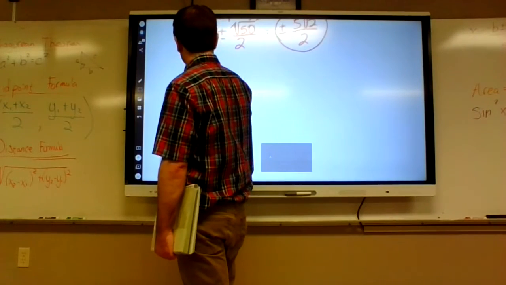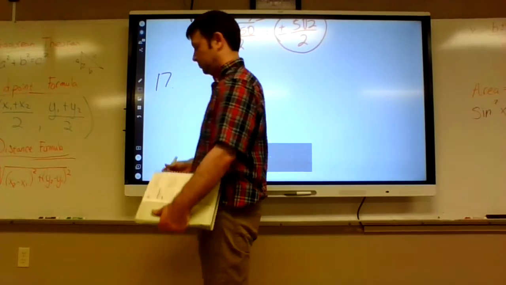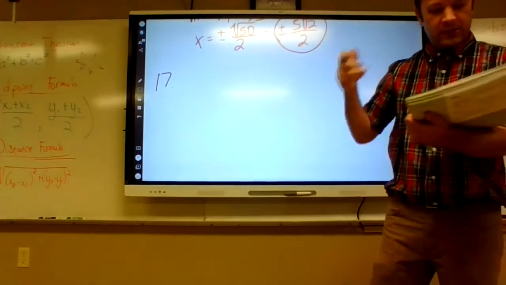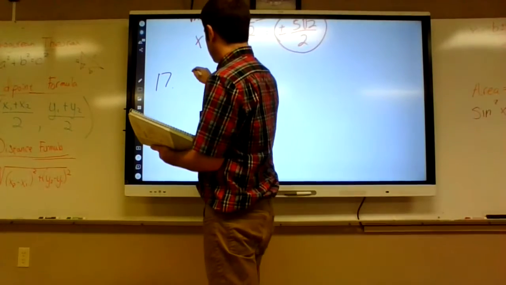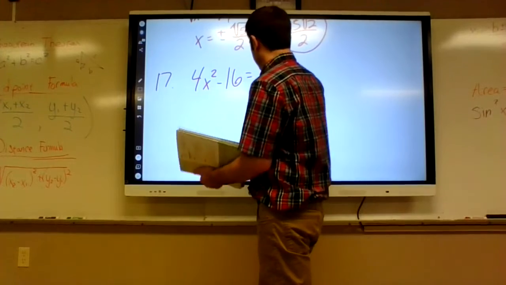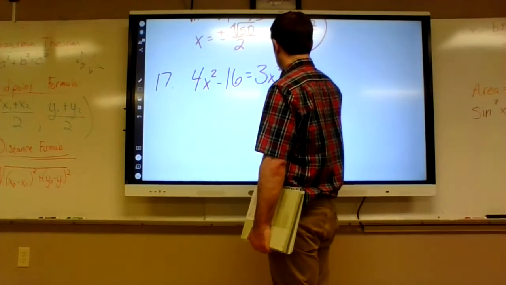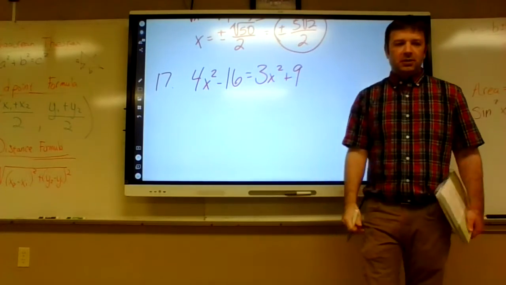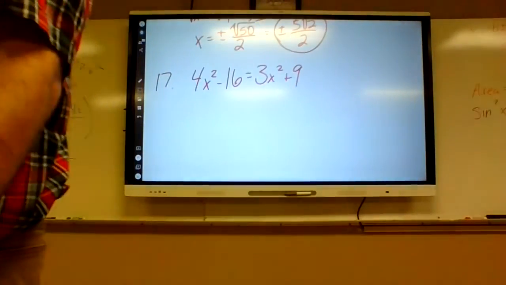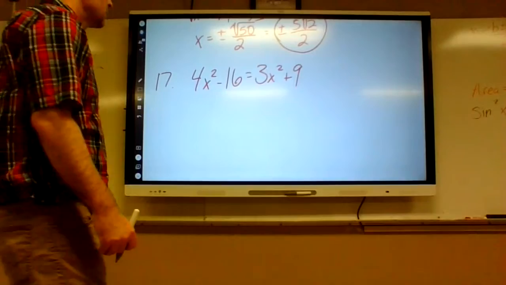Alright, 17. 4x squared minus 16 equals 3x squared plus 9. Any bright ideas? What are like terms?